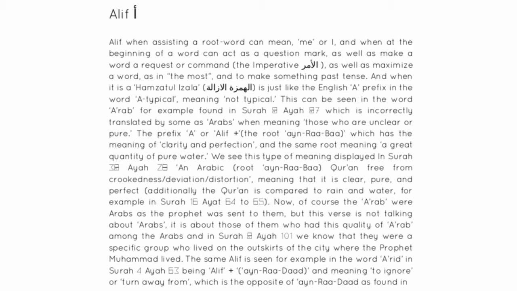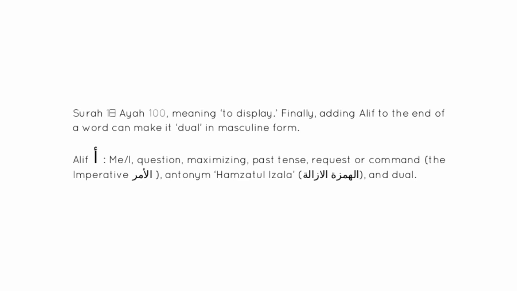The same alif is seen, for example, in the word A'rid in Surah 4, Ayah 63, being alif plus ayn, ra, dad, and meaning to ignore or turn away from, which is the opposite of ayn, ra, dad, as found in Surah 18, Ayah 100, meaning to display.